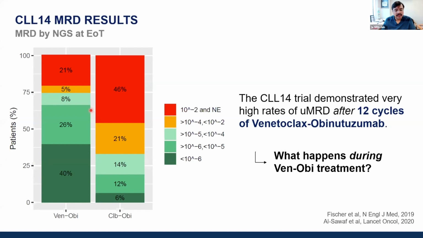And one of the reasons it's able to do that is that when you give ven obinutuzumab, patients achieve MRD negative remissions in a high proportion. As you can see here, 75% of the patients in the blood were MRD negative after getting ven obinutuzumab. If you were to ask what the number is with Ibrutinib or acalabrutinib alone, it's practically 0. You don't get MRD negative remissions with the single agent BTK inhibitors.